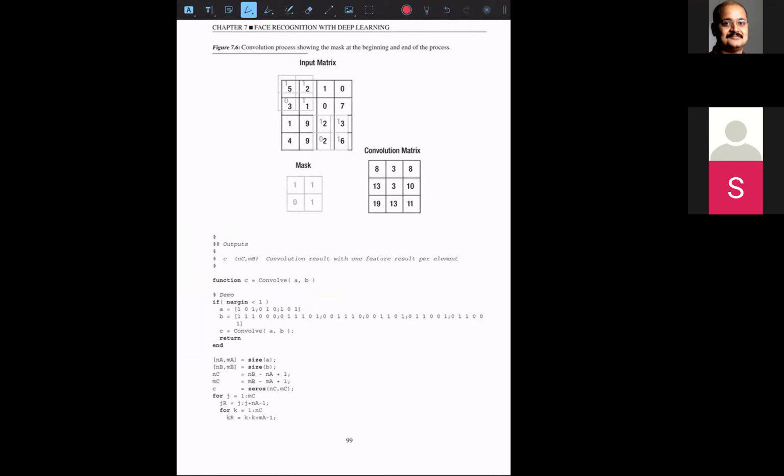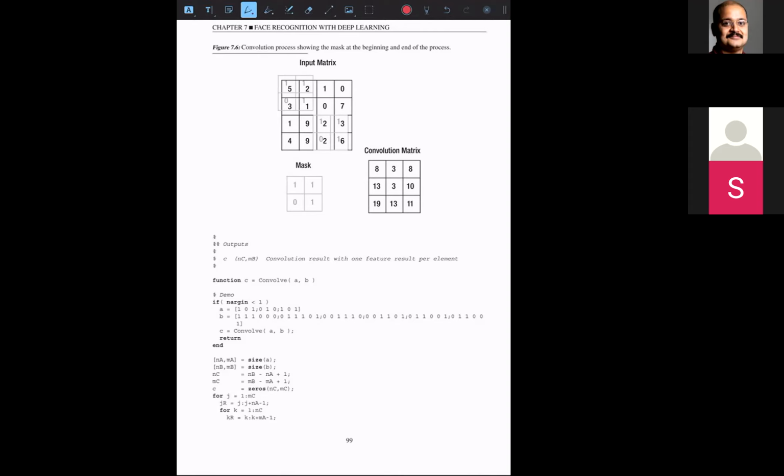Visualize that you are placing that mask aligning with the first 4 elements of that matrix. And now you are going to multiply the mask and the underlying data.